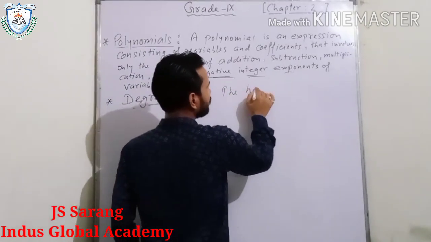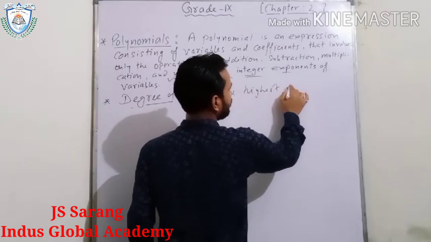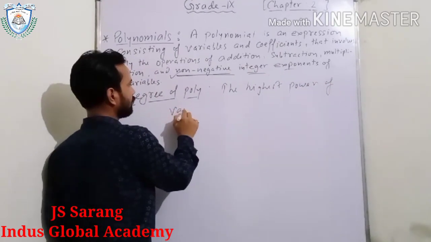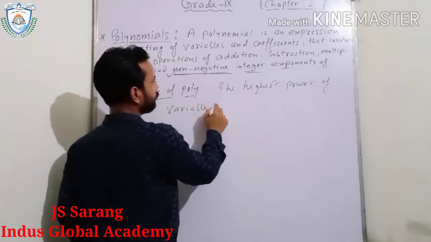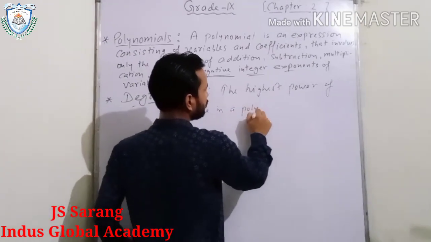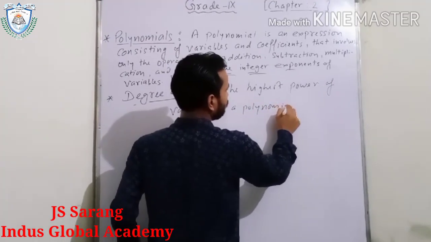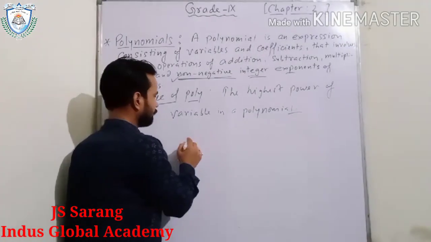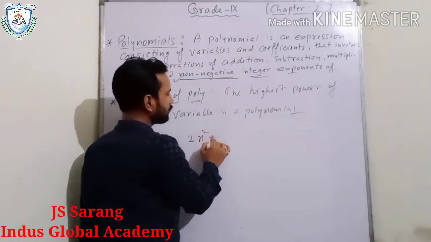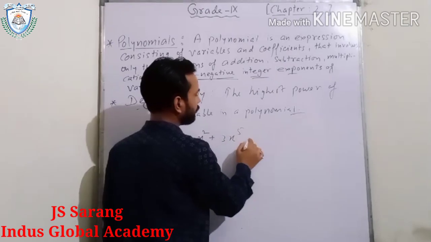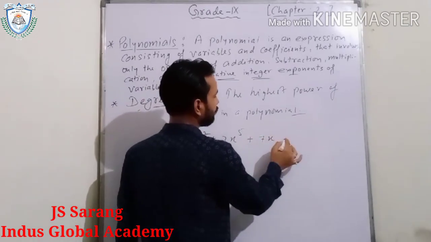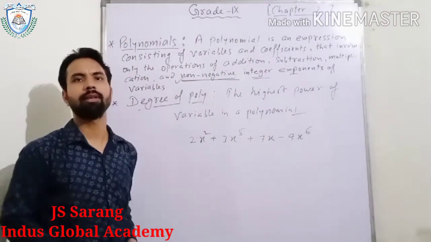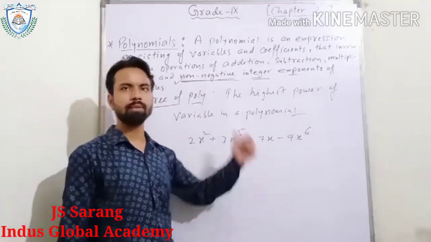The highest power of variable in a polynomial is known as degree of polynomial. For example, 2x square plus 3x to the power 5 plus 7x minus 9x to the power 6. This polynomial is given and we have to find what is the degree of this polynomial.